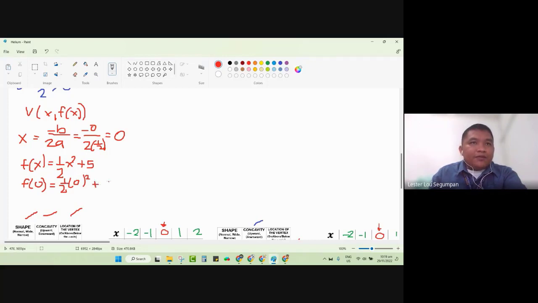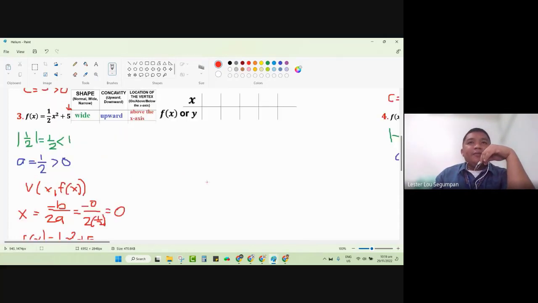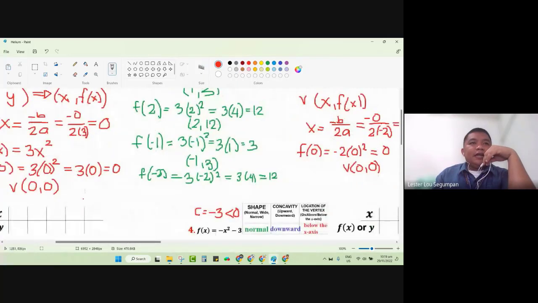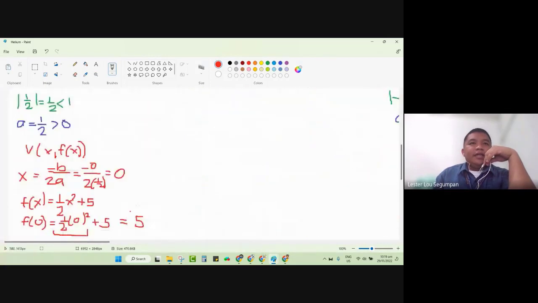And you will have here 5. This entire expression will become 0, and hence you will be left with the value of c, which is 5. So this is not different from the first two functions where our vertices are found on the same point at the origin 0, 0. Here, the vertex is now at 0 and then 5.